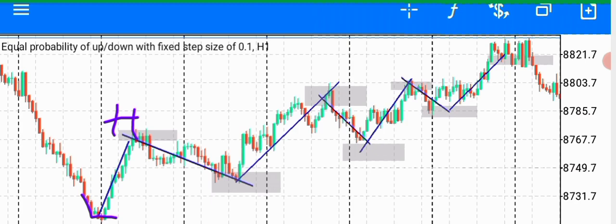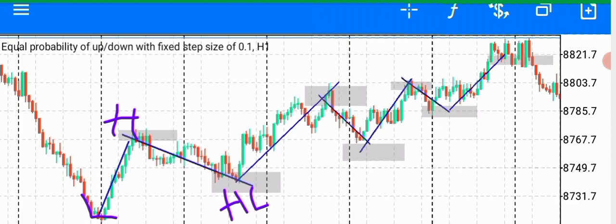You identify the low of the market, then a high. It makes a high when we have a reversal, when the market pulls back from that high to a certain level. So it moves from this low to a high and then it will come down and make a higher low.